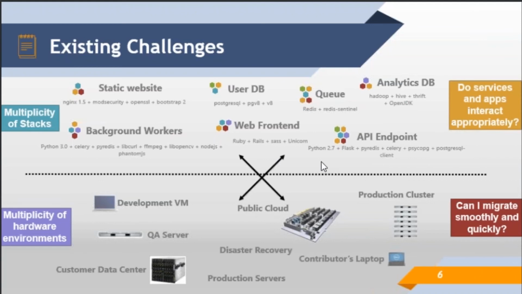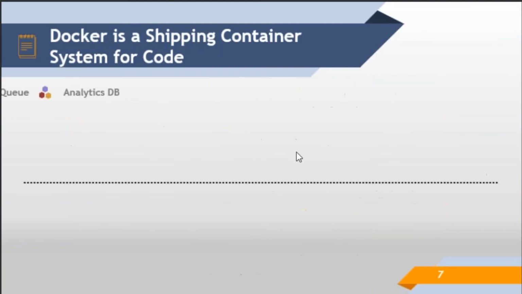What we have learned is that they have a multiplicity of stacks on different environments. The hardware is of multiple types, and they are unable to identify whether their applications are always connected in a way or not. And if they want to migrate, whether the migration is a cost-effective solution or not. These are the existing challenges that we used to discuss with our clients.